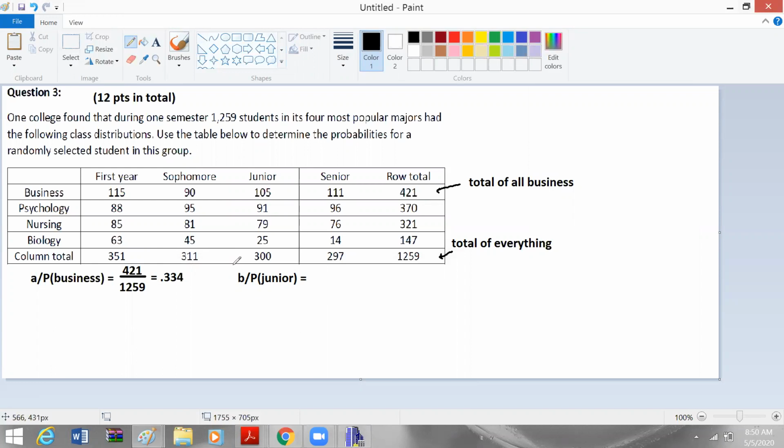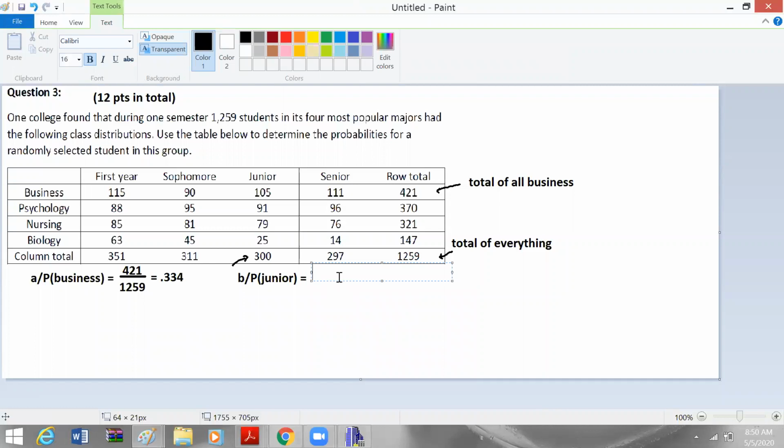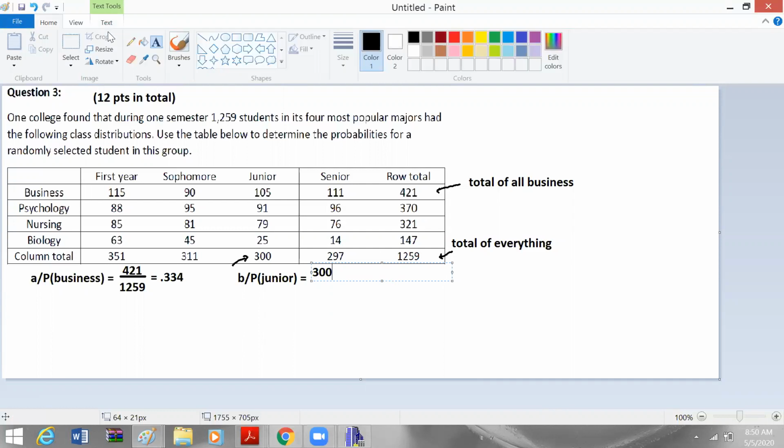So 300 will be the total number of juniors, and then we're gonna divide that by the total of everything. Remember that very likely you have to divide by the total of everything. On the final exam, you can do the same thing. You take 300 and divide it by 1259 and you get it done.